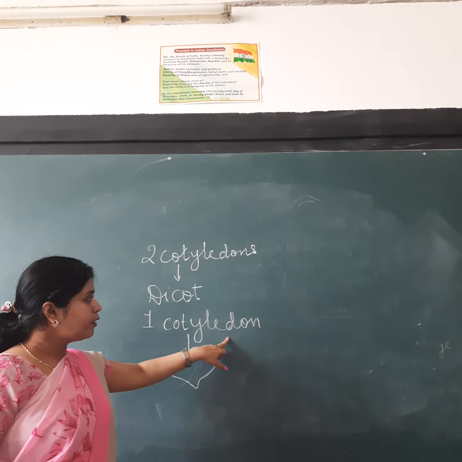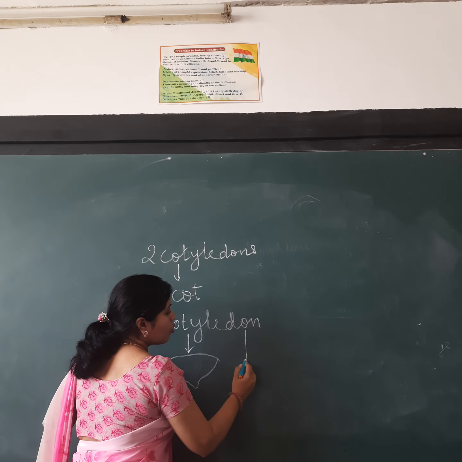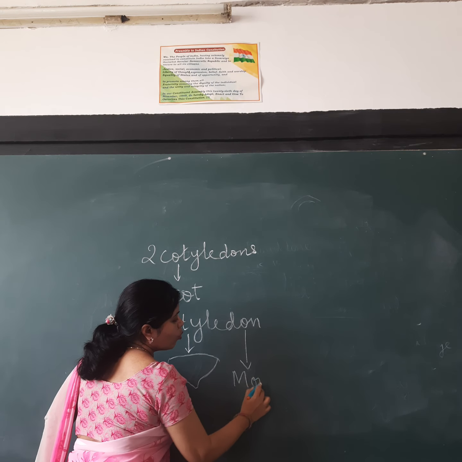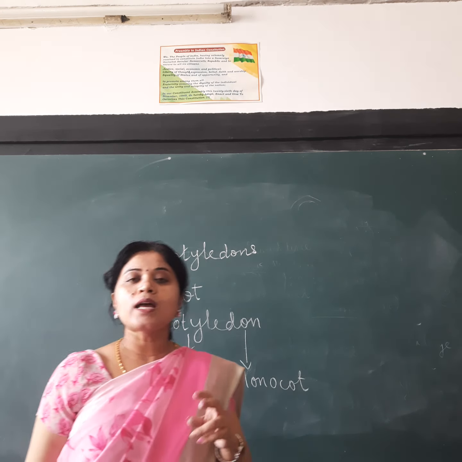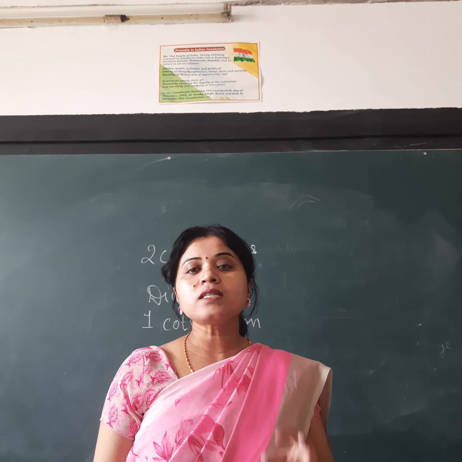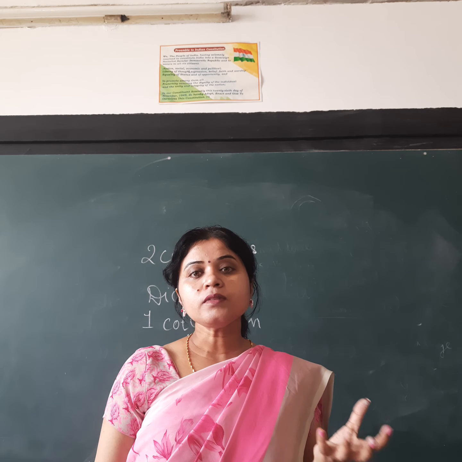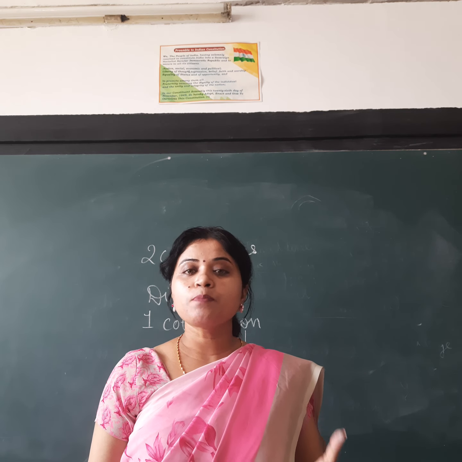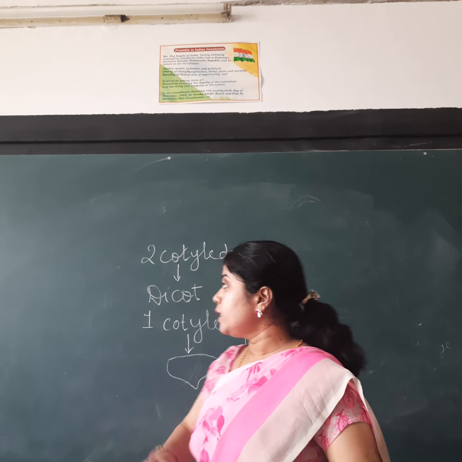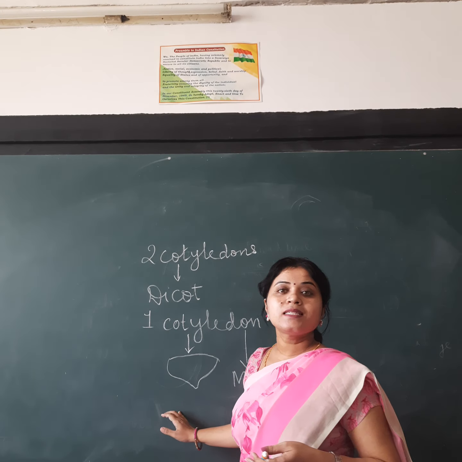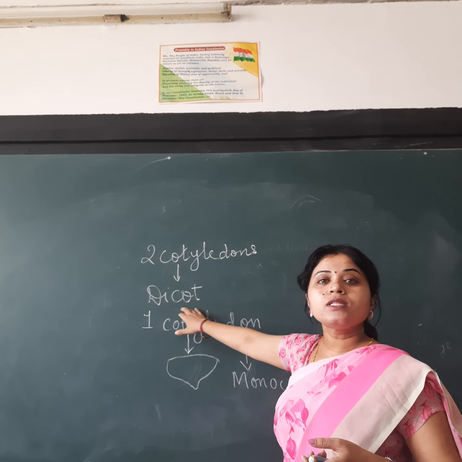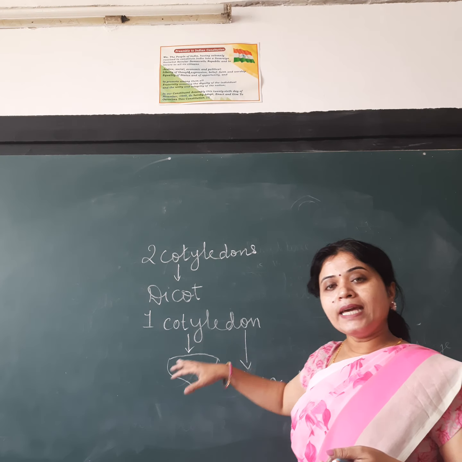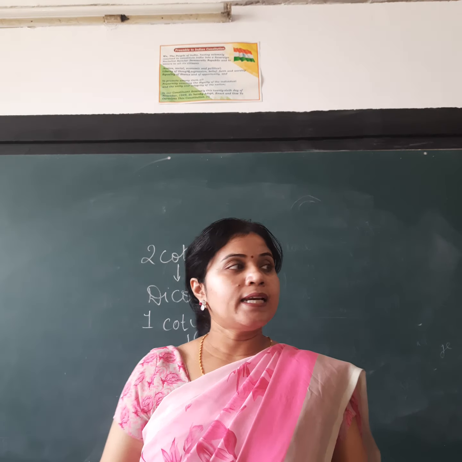If it has one cotyledon, we call it a monocot. So these are the two classifications of seeds based upon the number of cotyledons present in them. Depending upon the number of cotyledons in the seeds, we can also classify the plants as dicots and monocots.